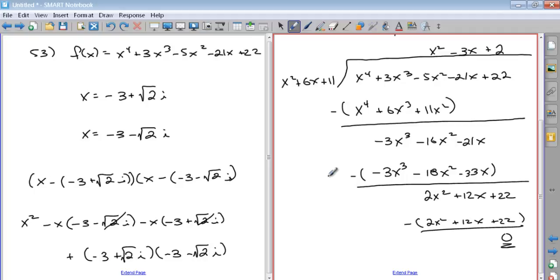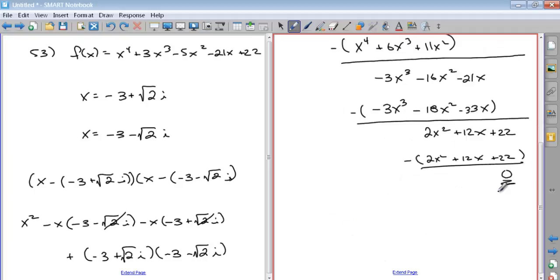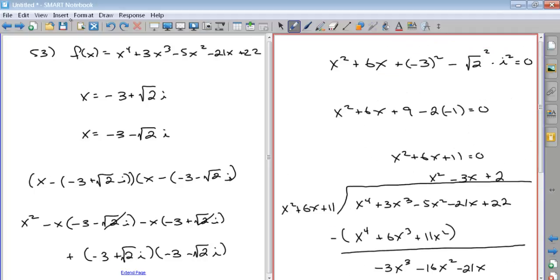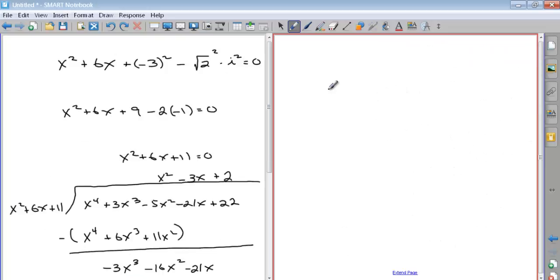And then the remaining equation, which was up here, which is x squared minus 3x plus 2, can be factored into x minus 2 times x minus 1. So you get x squared minus 2x minus 1x is minus 3x. Negative 2 times negative 1 is positive 2.